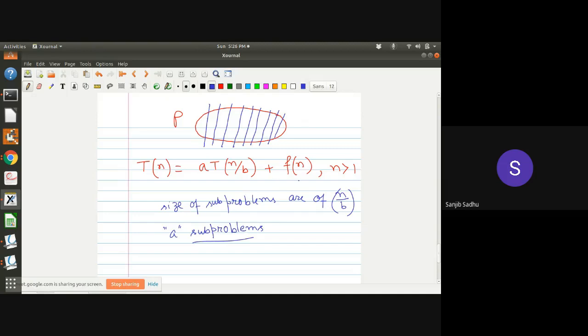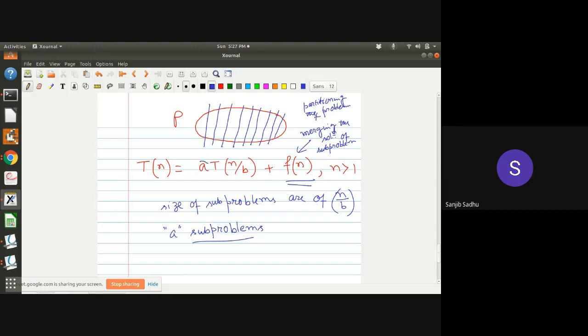And you are merging the solutions of those subproblems. So f(n) means merging the solutions of subproblems, and also partitioning the problem into subproblems. That takes a function of n. It may be linear, quadratic, log n, or constant time.